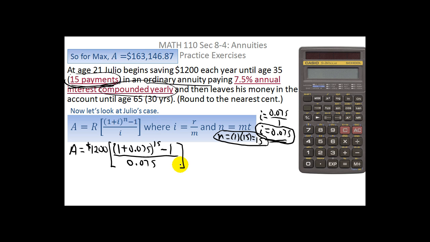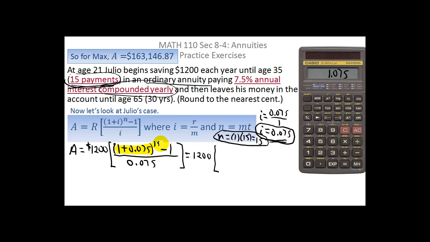Now this is a pretty straightforward calculation. Let's go ahead and get the structure of this down. I want to add 1 to 0.075, and I do that by saying 1 plus 0.075 equals, which obviously gives me 1.075.